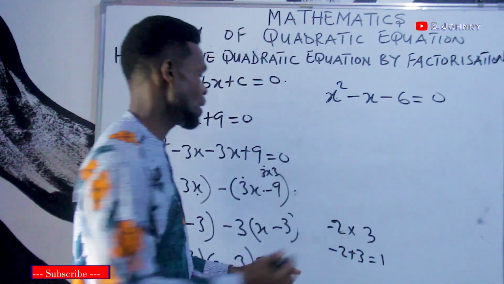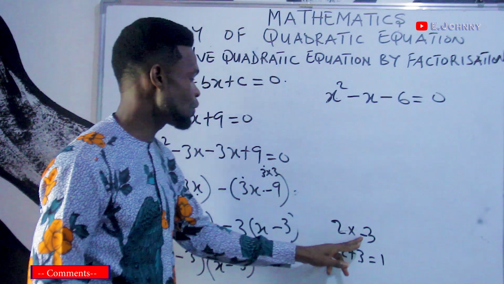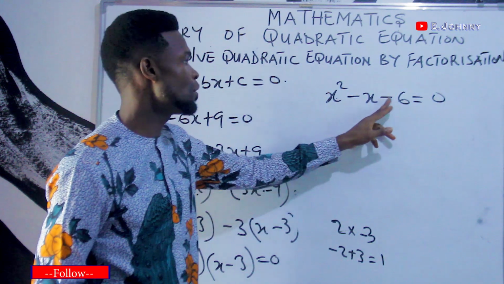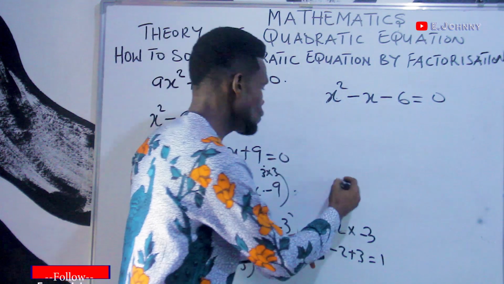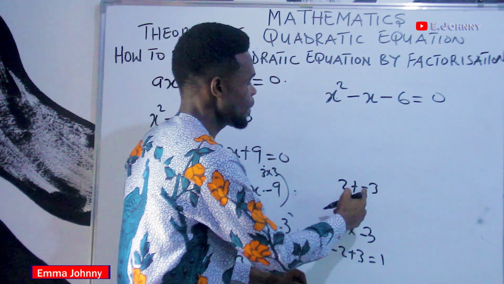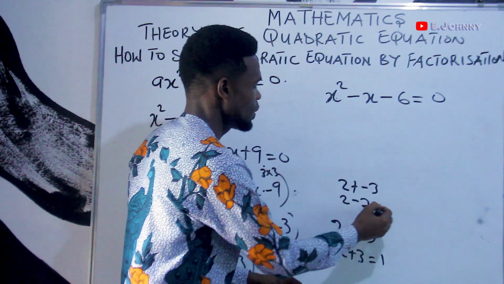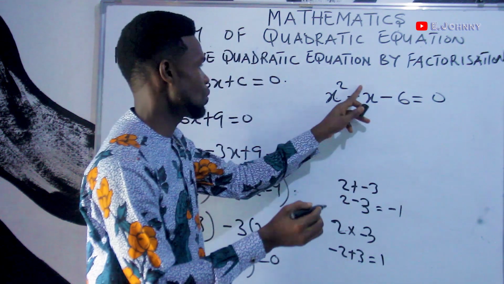So it means that you attach negative sign to the big number, because 2 times minus 3 will give us minus 6. But 2 plus minus 3 will give us 2 minus 3, which is minus 1, which is this minus 1 here.